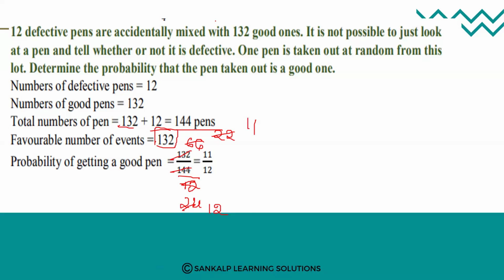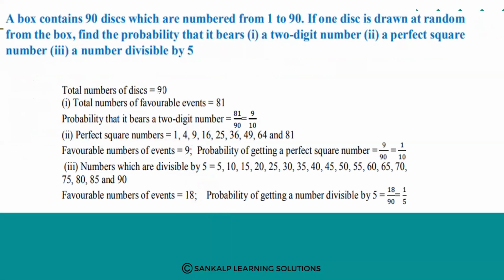A box contains 90 discs which are numbered from 1 to 90. If one disc is drawn at random from the box, find the probability that it bears a 2-digit number, a perfect square number, a number divisible by 5. Here, how many discs are there in total? 90. That means the total number of discs, n of S, is 90. Number of favorable events: first we want a 2-digit number.